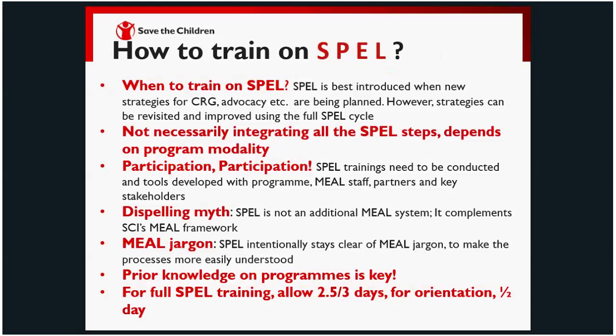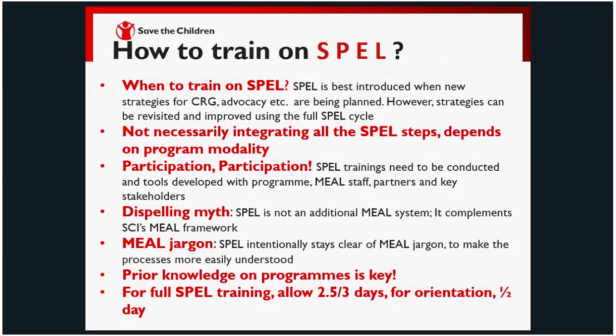When to train on SPEL? SPEL is best introduced when new strategies for CRG, advocacy campaign, or other thematic programs are being planned. However, strategies can also be revisited and improved using the full SPEL cycle.